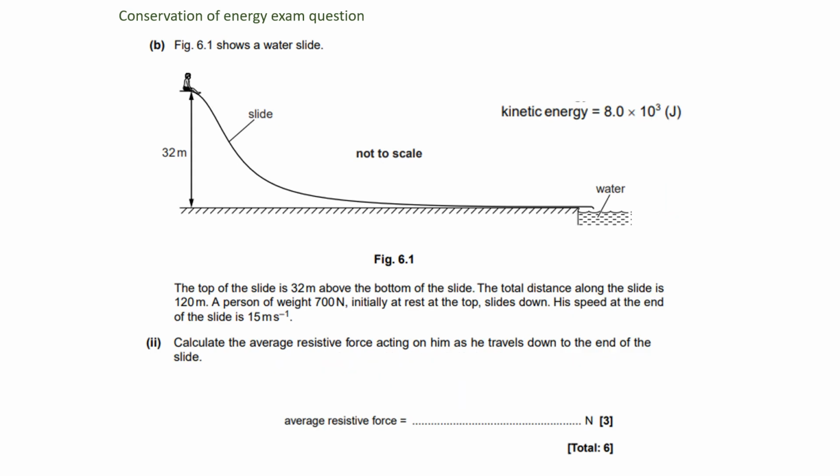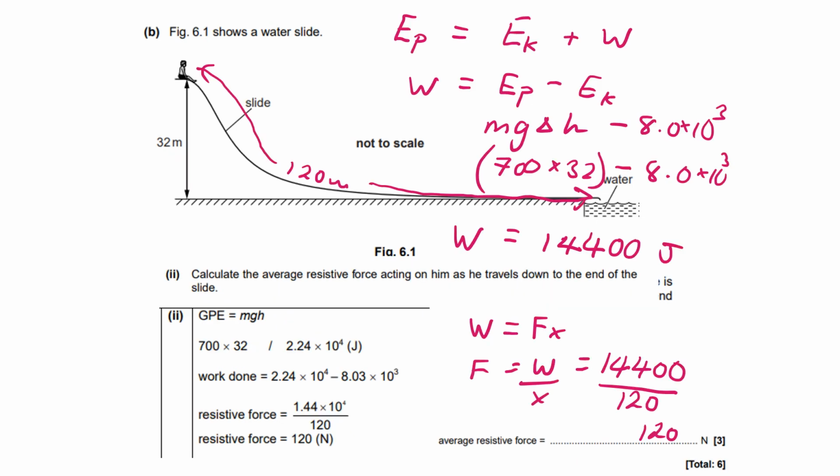Part 2: calculate the average resistive force acting on him as he travels down to the end of the slide. And so thinking about conservation of energy, we can calculate the potential energy that he had at the beginning. We can make that equal to the kinetic energy at the end of the slide plus the work done against the friction coming down the slide.